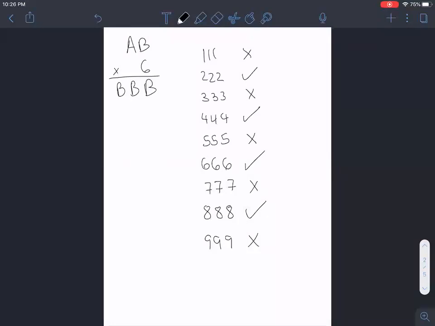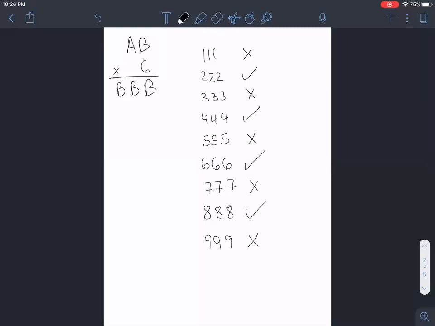So now, we know that B could be 2, 4, 6, or 8. And since we only have 4 options, we could try to see if we could just divide each of these by 6 and see if they result in a number whose ones place is the same digit that makes up the 3-digit number.